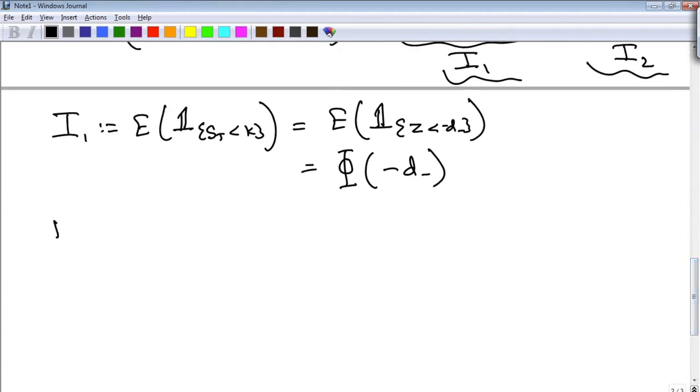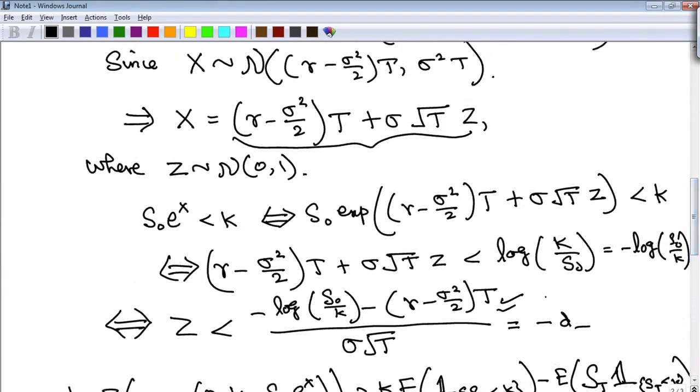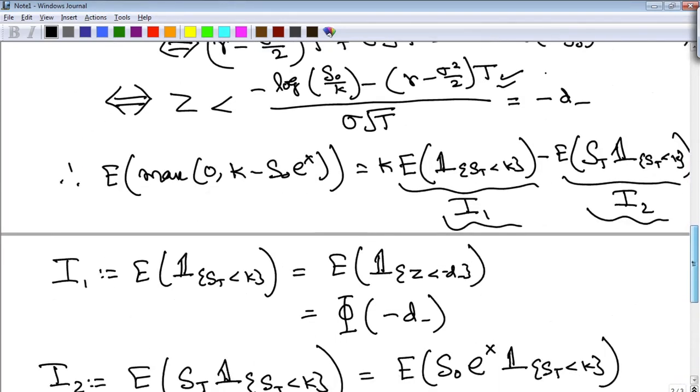We have I2 is equal to E of S_T times the indicator function of S_T less than K, and that can be written as E of S_0 into e^X times 1 of S_T less than K. We have already written X in this form, so you just substitute this expression here.